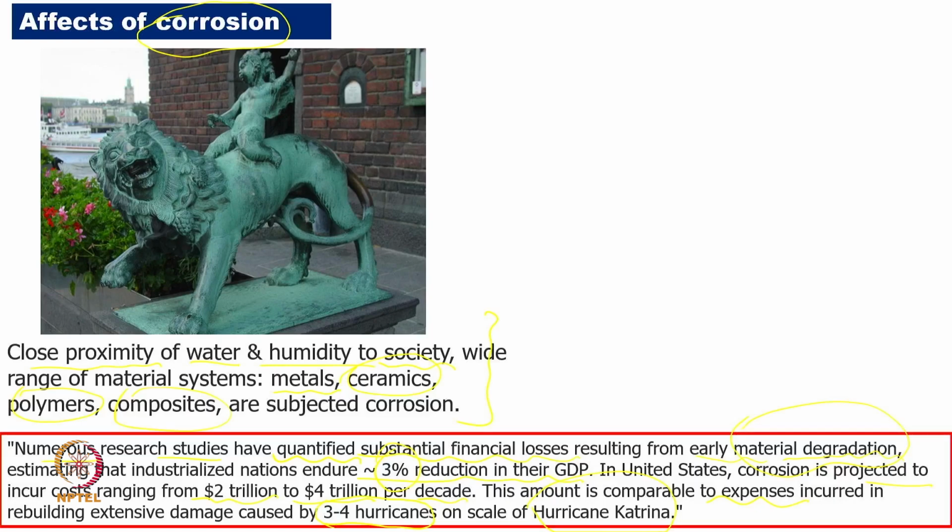That is such a huge loss, and a natural calamity happens once in a while, whereas this kind of corrosion happens every year. So, we should pay more attention. We should look at the financial implications or losses which are happening because of corrosion.